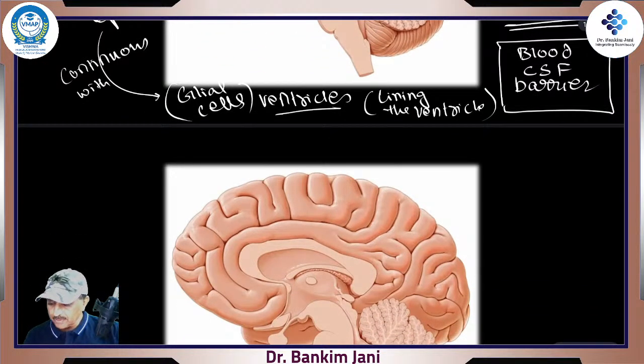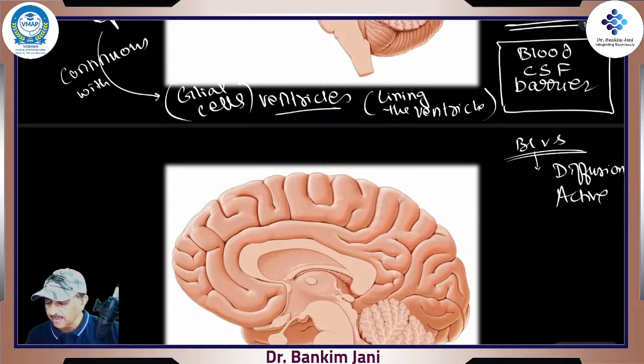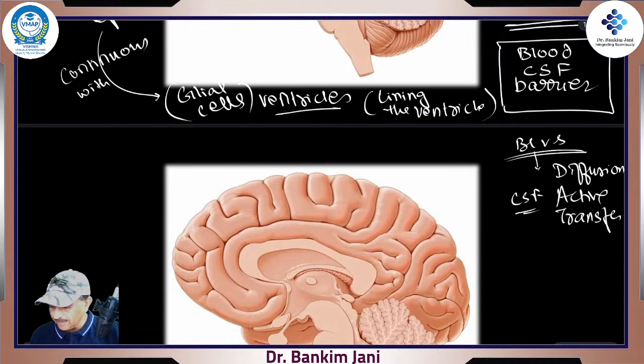Putting it in simple words, here are the blood vessels, and through these blood vessels, by the process of diffusion and active transfer, the CSF is oozed out. It comes out, and then these are the glial cells which form the choroid epithelium.